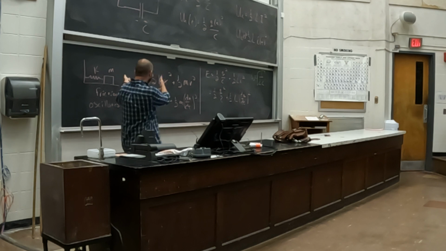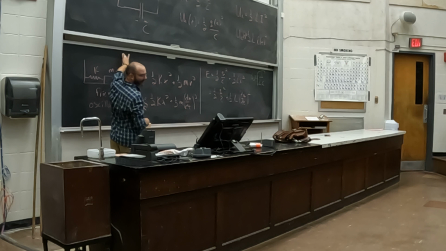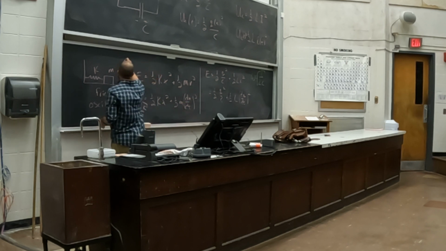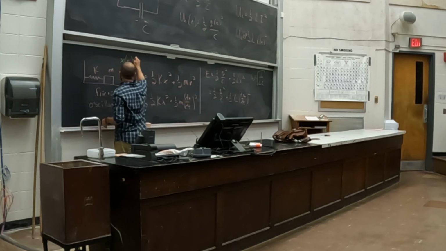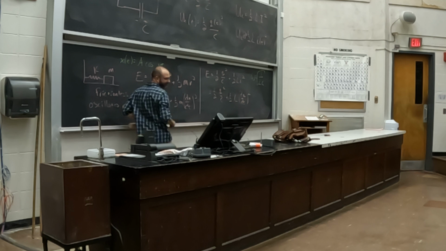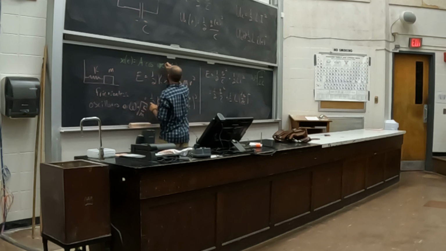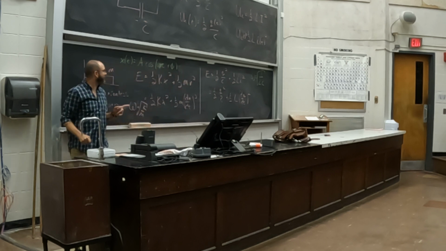There were further things we did with this, which I'm out of room for. Let me see if I can write them up here. We figured out that we could characterize this where x equals A cosine of omega t plus phi. That is the position as a function of time.